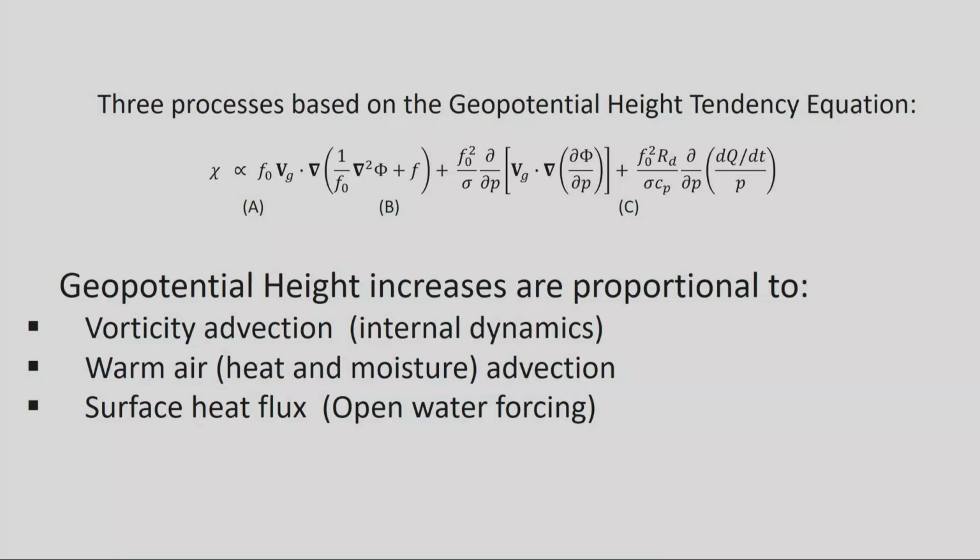There are three processes involved. One is open water, sea ice free areas provide surface heat flux, but that's not the whole story. Some people run models without sea ice, but that doesn't include all of the processes.